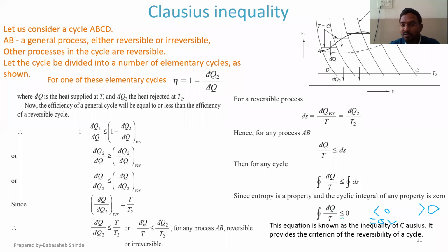The cyclic integral of dQ/T less than or equal to 0 is for either a reversible or irreversible process. The process could be reversible or irreversible. This is the general equation. Now let's write it for reversible and irreversible processes individually.